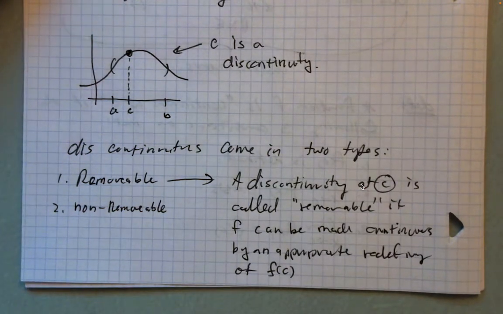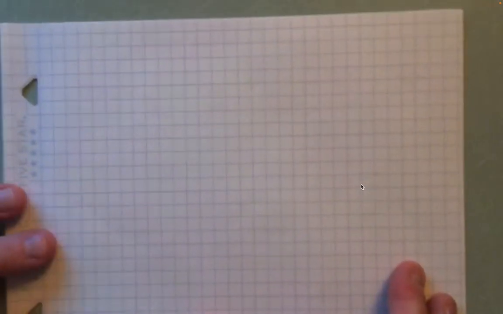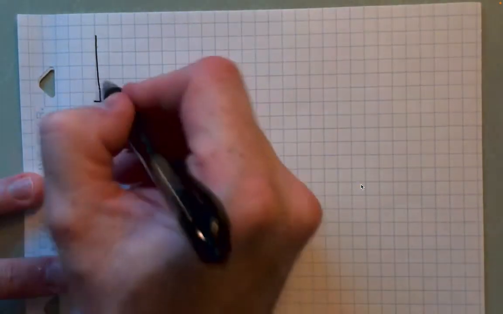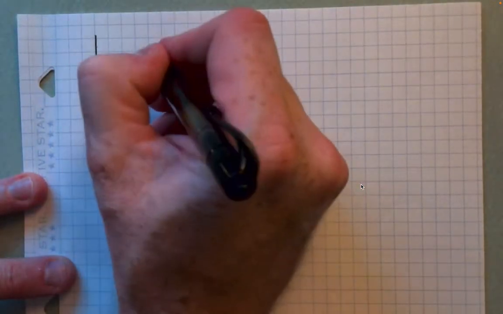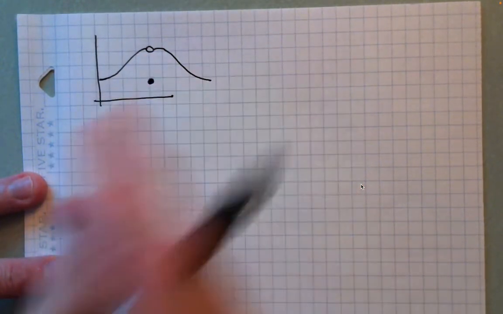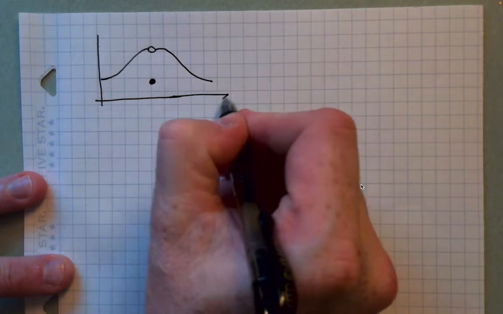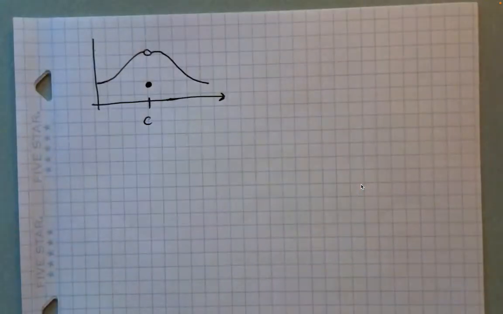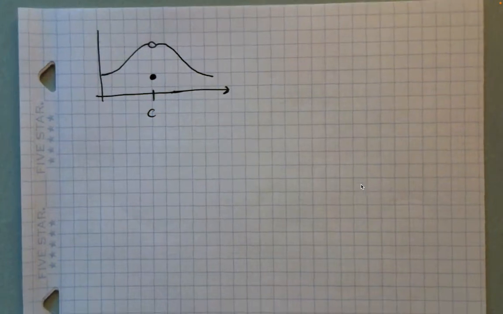Okay, so another example of a removable discontinuity might be something like this, where let's say I've got a function that kind of comes up like this. I've got a hole and it goes along, and then for some reason the function is defined differently here at C. All right, so this would be an example of a removable discontinuity.